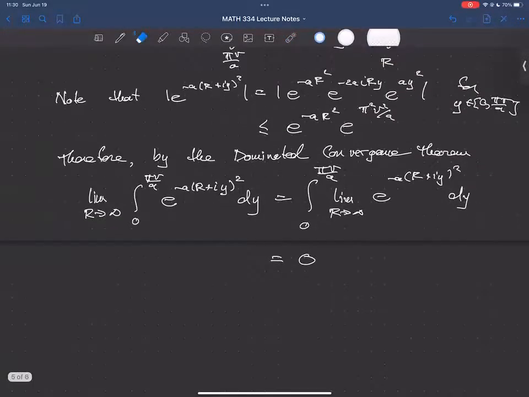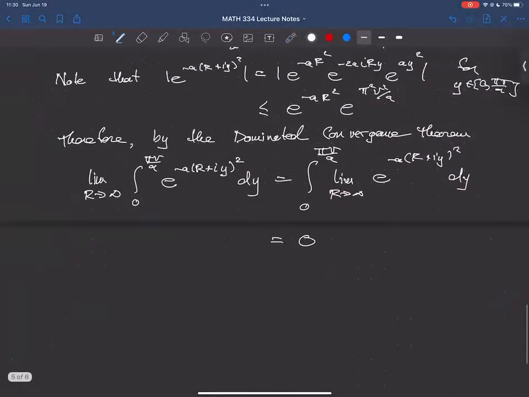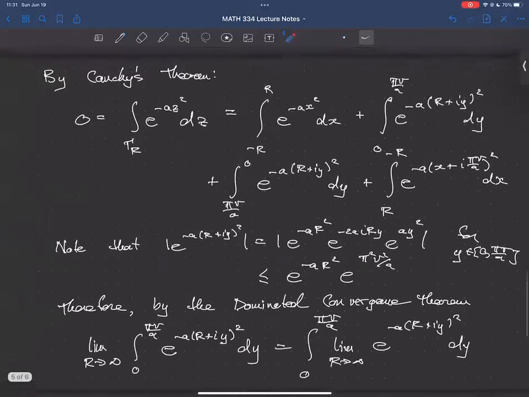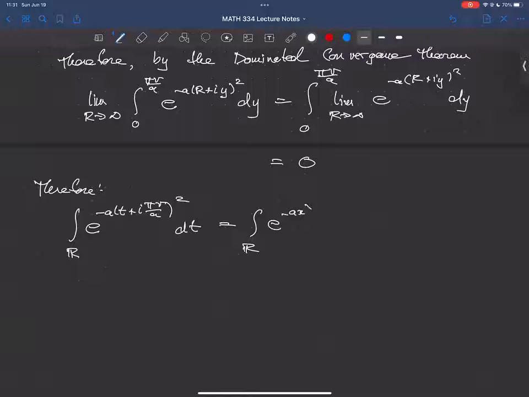Because I've only shown this for this one, but of course the same argument holds for that, and so I conclude that the integral from minus infinity to infinity, taking the limit as capital R goes to infinity, of the thing I want, which is e to the minus a (t plus i pi over a) squared dt, is equal to the integral over R of e to the minus a x squared.